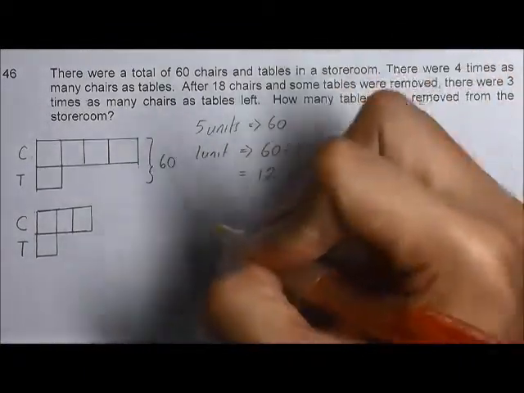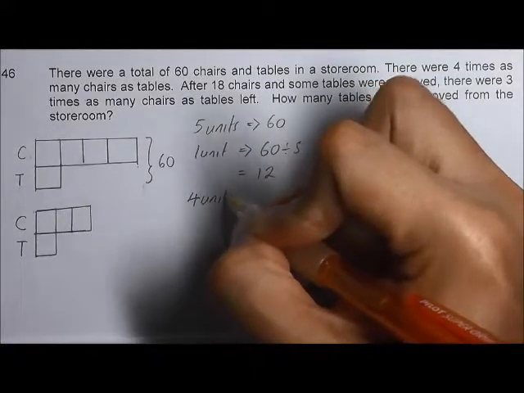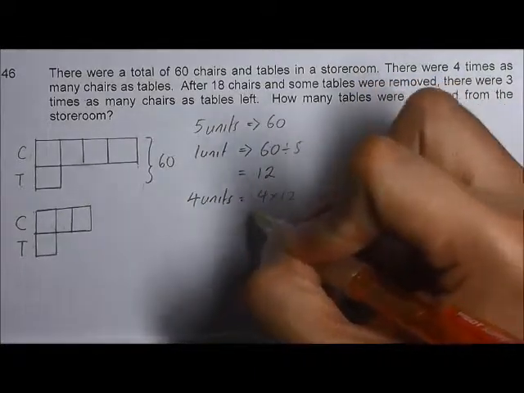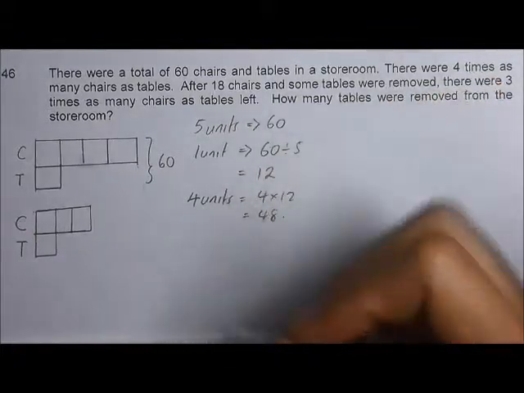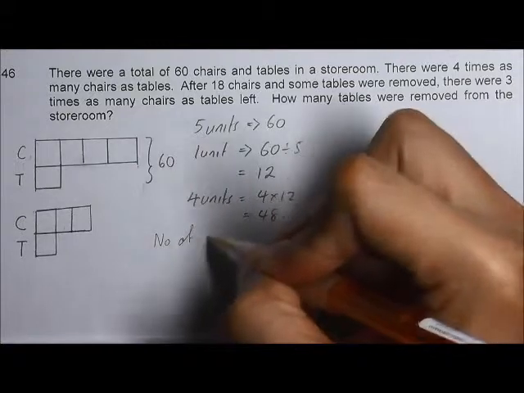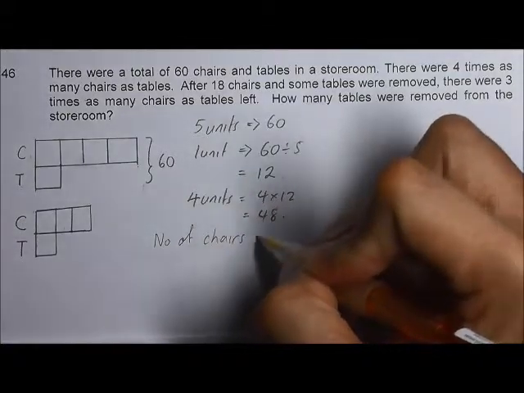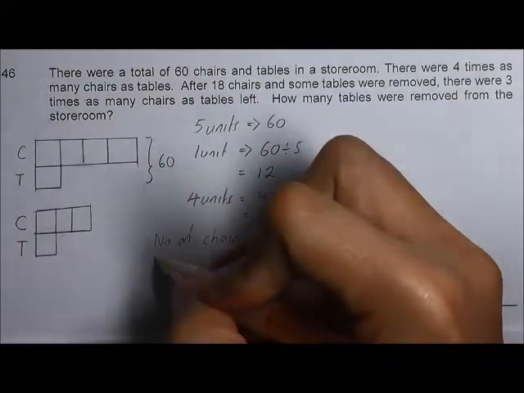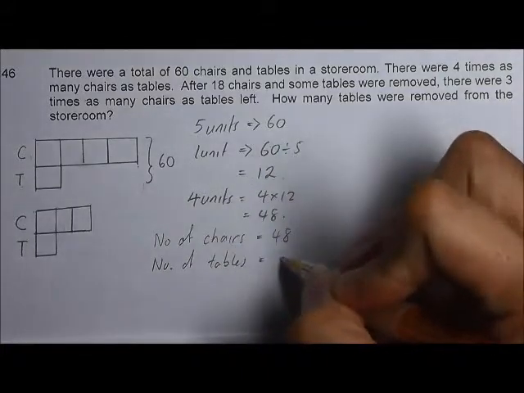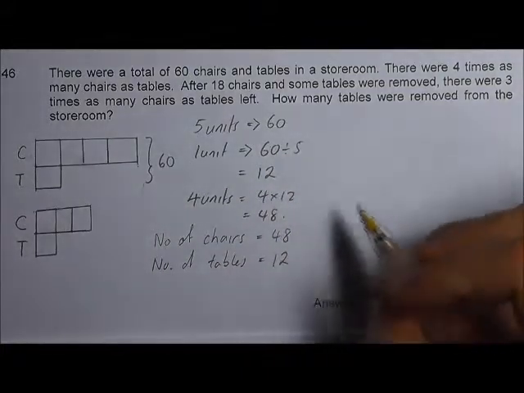We have 12. And 4 units is equal to 4 times 12, which is 48. So we know that the number of chairs is 48 and the number of tables is 12.